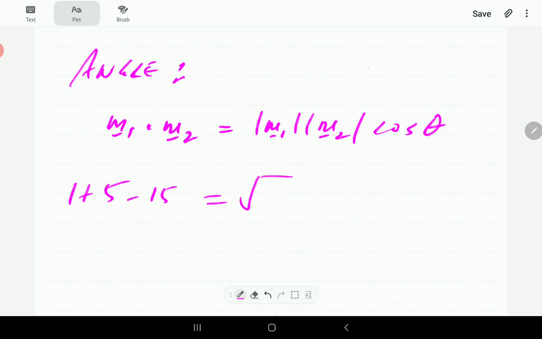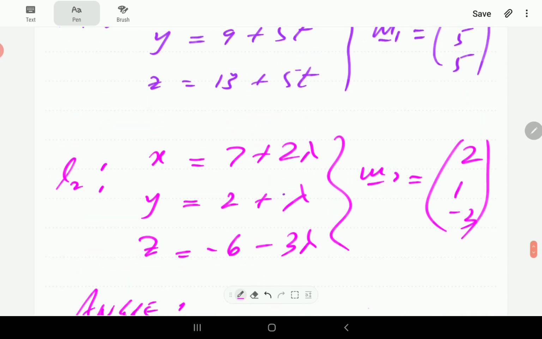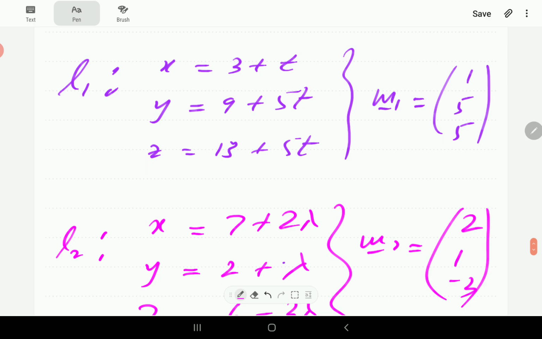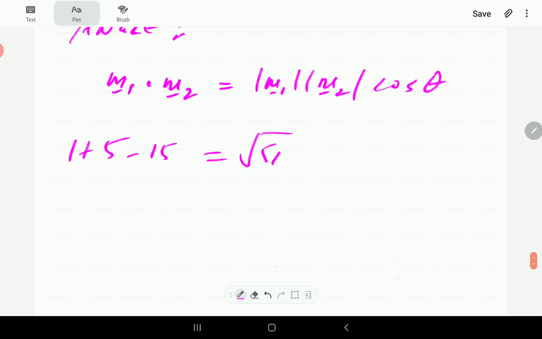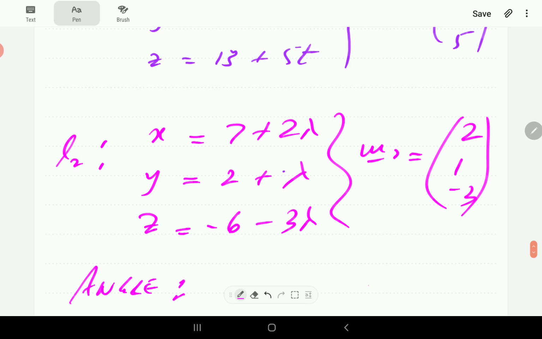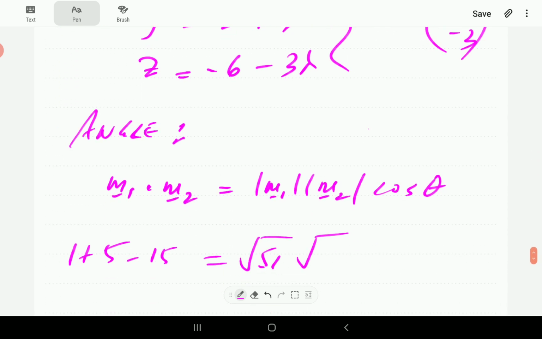The magnitude of m1 is 5 squared plus 5 squared plus 1, so that's square root 51. The magnitude of m2 is 2 squared plus 1 plus 9, so that's square root 14, times cosine theta.